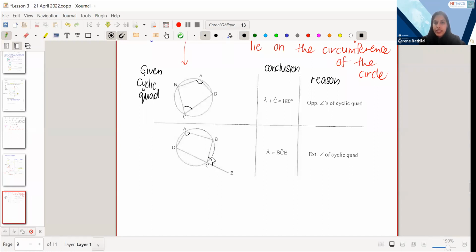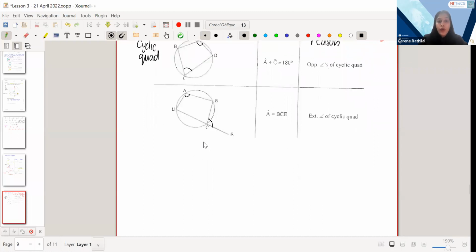So it's equal to the external angle. This is an angle outside of the cyclic quadrilateral. So this interior opposite angle A is equal to the external angle of the cyclic quadrilateral. Now it turns out that the converses of these results are also true. So let's consider the converses. So that's what I was mentioning earlier.